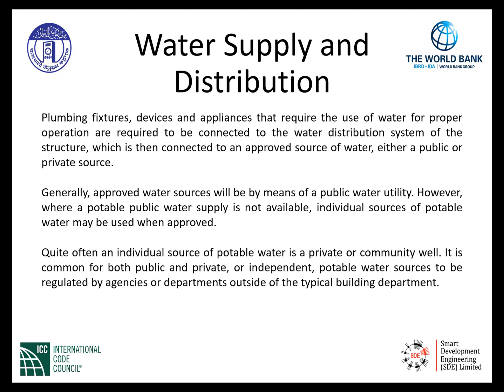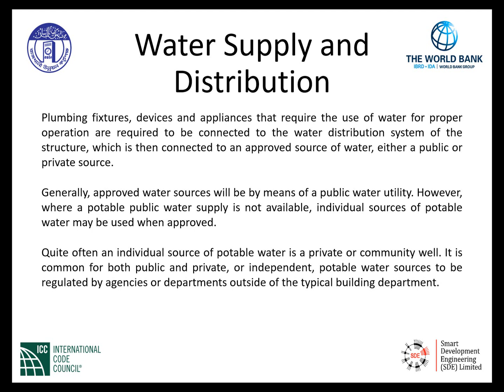Generally, approved water sources may be by means of public water utility. However, where potable public water supply is not available, individual sources of potable water may be used when approved.